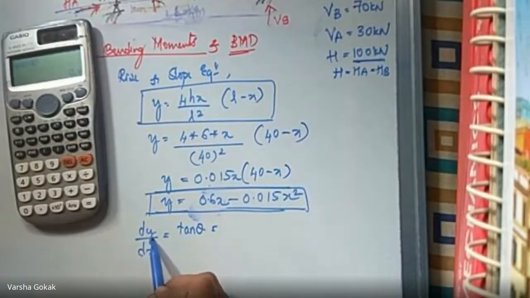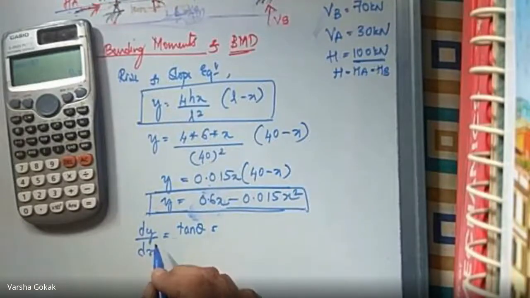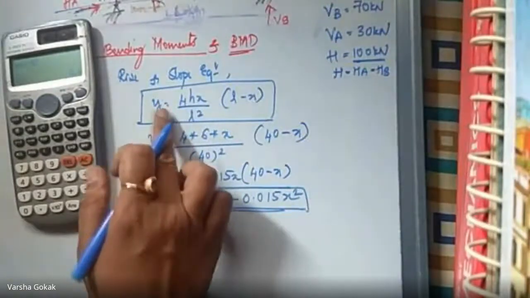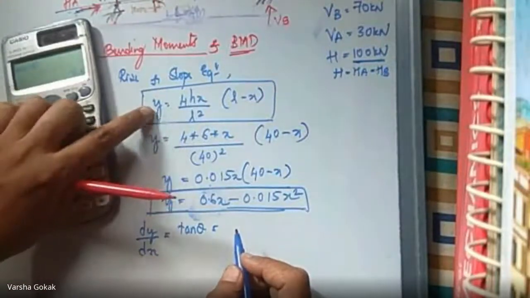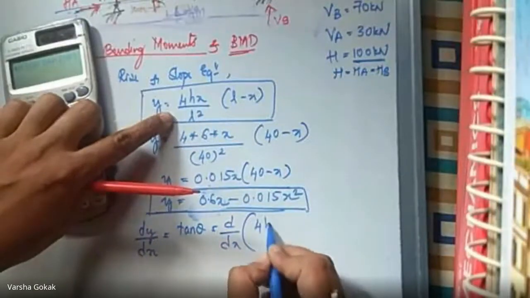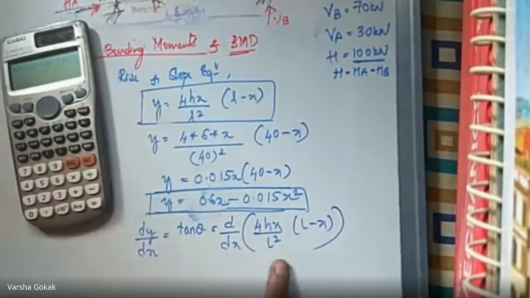What is dy by dx? The y equation, its first derivative. Okay, so dy by dx equal to tan of theta equal to, if general, if I want to take, then you will have to differentiate this equation, y equation. So what is your equation? d by dx of y is 4hx by L square into L minus x. I have to differentiate this.